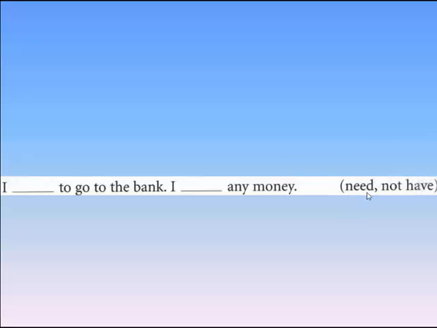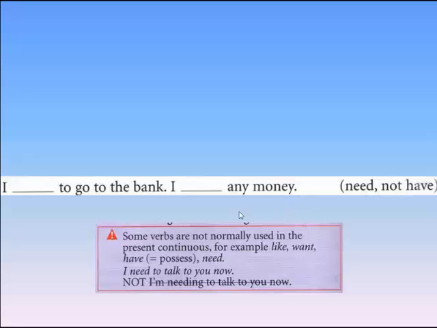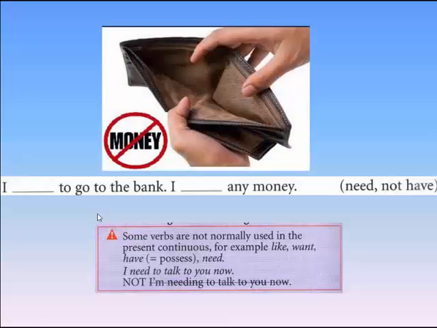Let's see. Yes, some verbs are not normally used in the present continuous. For example, like, want, have, meaning possess, and need. So I cannot use present continuous, and the answer is I need to go to the bank. I don't have any money.